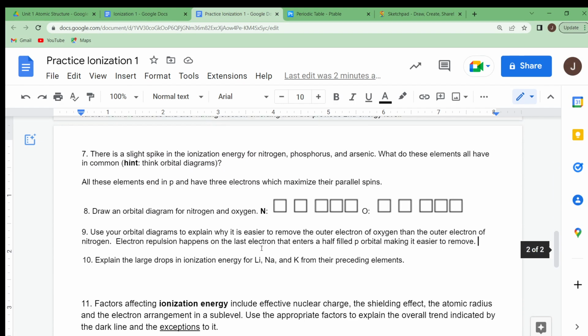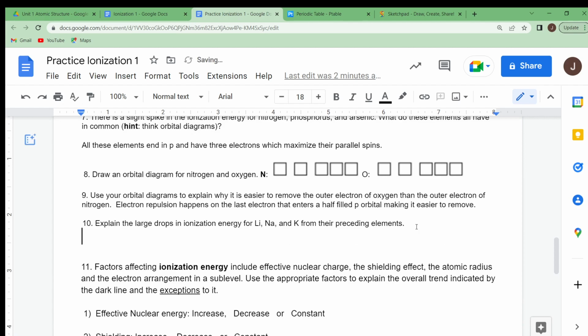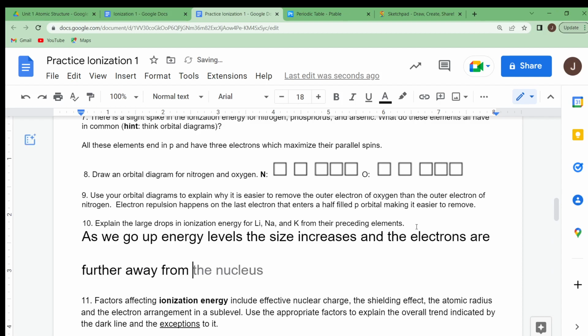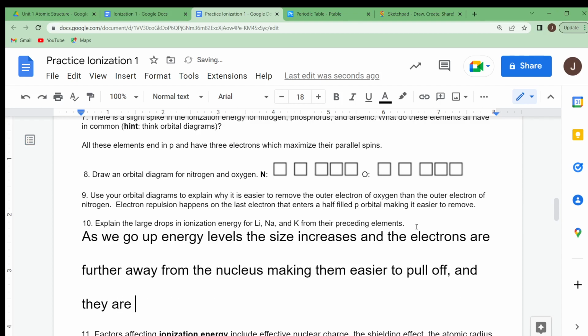So this is another case where we'll say that as we go up energy levels, the size increases and the electrons are further away from the nucleus, making them easier to pull off, and they are shielded by the previous energy level.